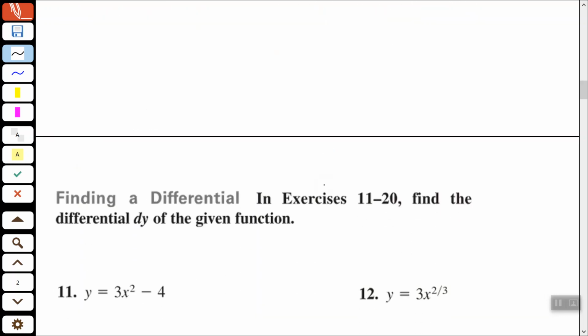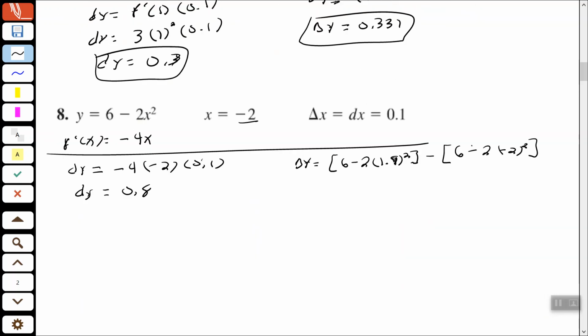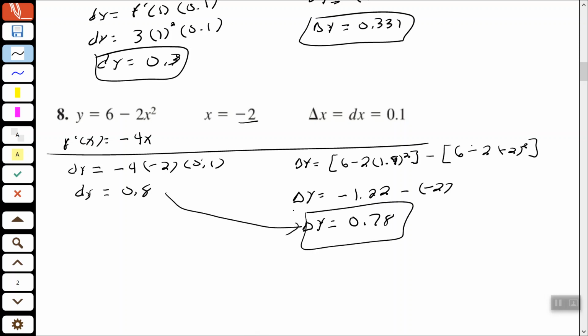All right, so sorry about that. So calculate that, and that would give us negative 1.22 minus negative 2, which is about 0.78. So again, if we compare those two values, you see they are very close, good approximation. And you see it's a little bit easier and quicker to find the differential of y versus the actual change in y.